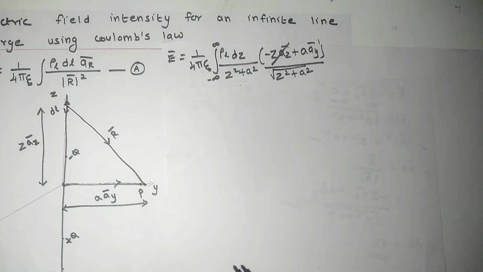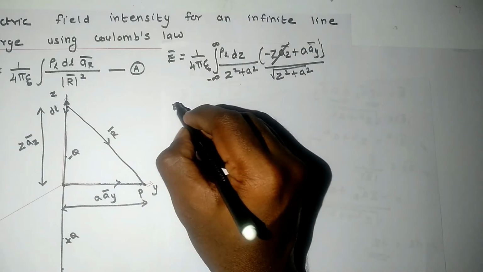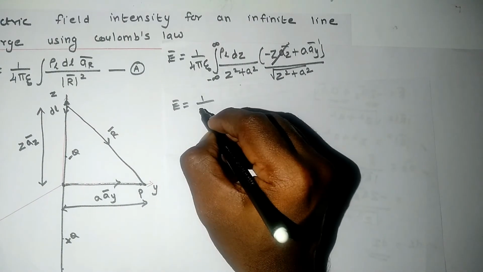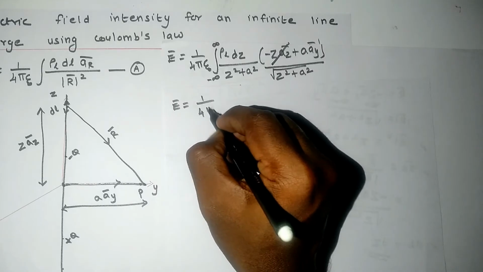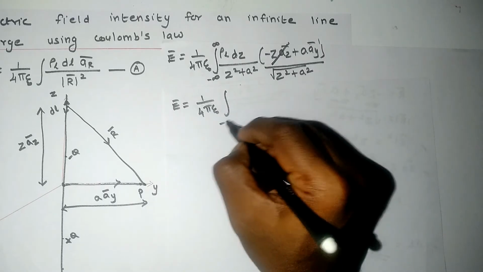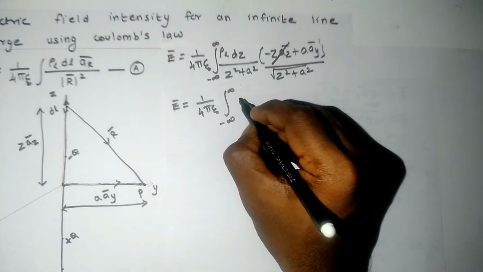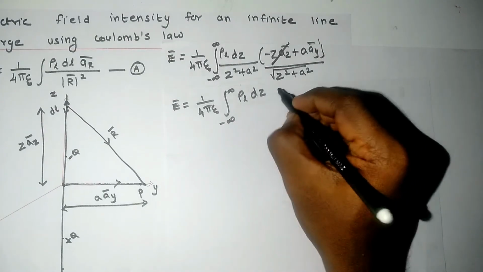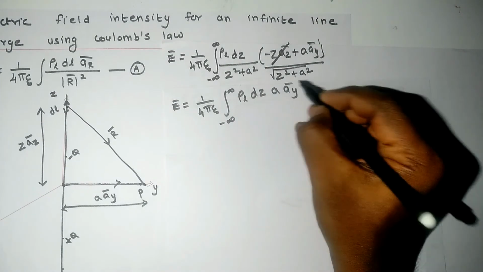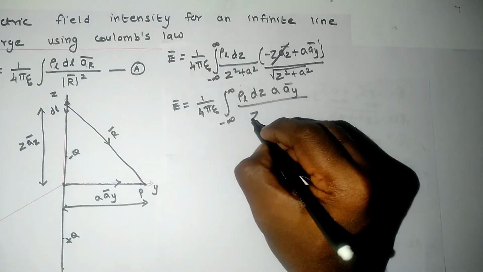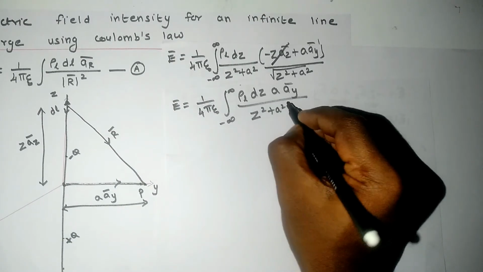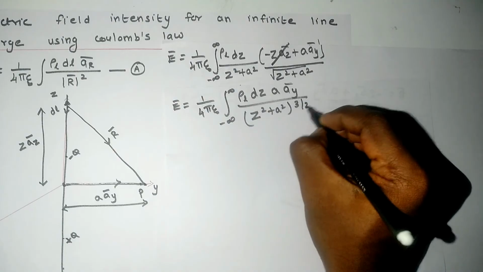So after avoiding the z component, E vector can be written as 1 by 4 pi epsilon 0 minus infinity to infinity rho L dz a ay divided by z square plus a square the whole power 3 by 2.